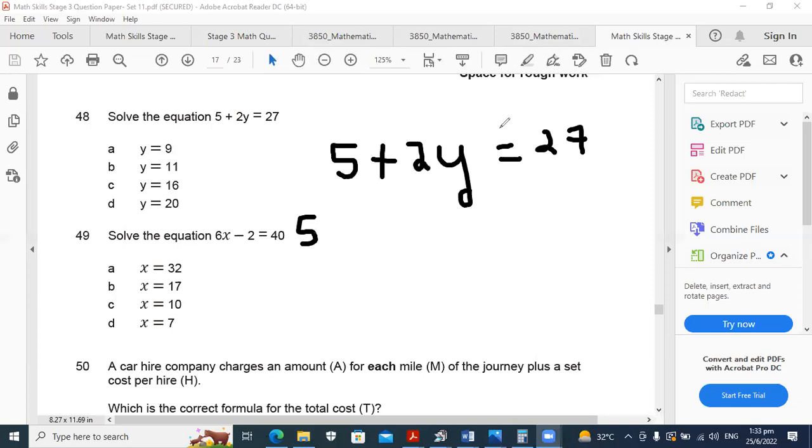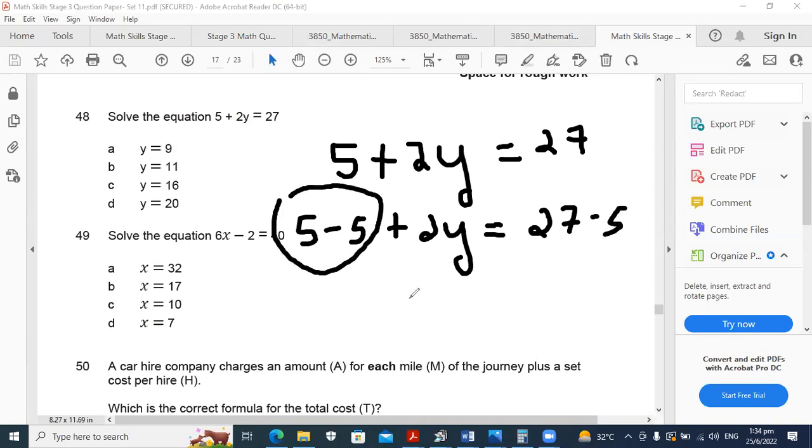Oh, sorry. Yeah, so what I'm saying, you could have just guessed y to be 11 because 2 times 11 is 22. 22 plus 5 is 27. Or do it algebraically. If you want y, you don't need a 5 on the left hand side. How do you get rid of a 5? By subtracting 5 on the left. But if you subtract 5 on the left, you have to subtract 5 on the what? On the right.